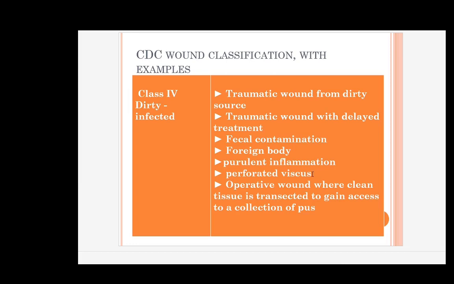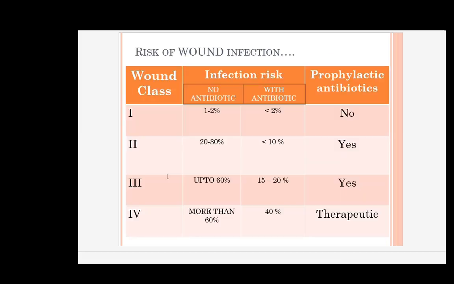These perforated viscera are also examples of dirty wound. So the main thing about this classification of different varieties of surgical wound is, as the class increases, the resident bacteria that is already there in that area is very, very high, and therefore the chances of infection are very, very high, and accordingly we decide whether or not to institute antibiotics.